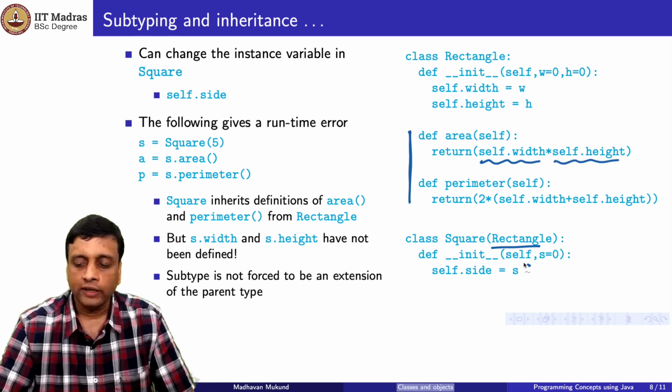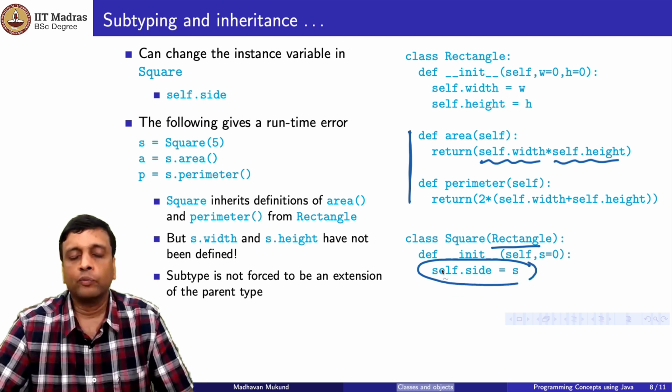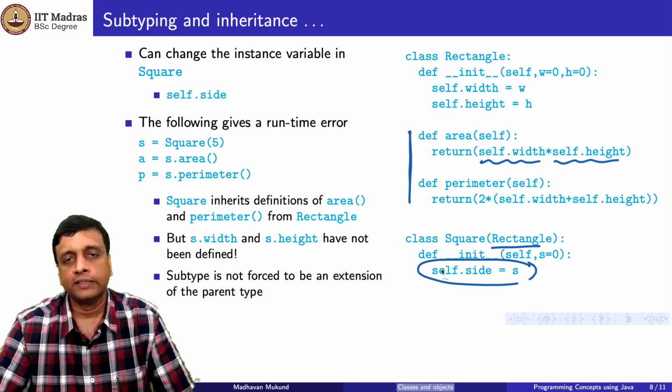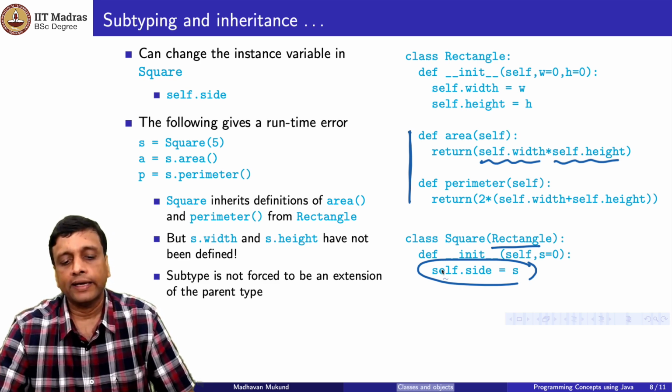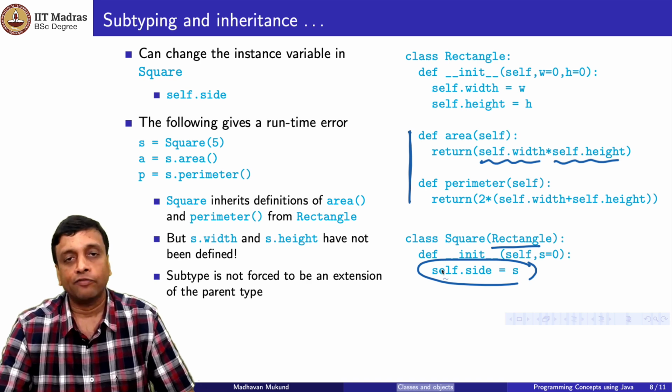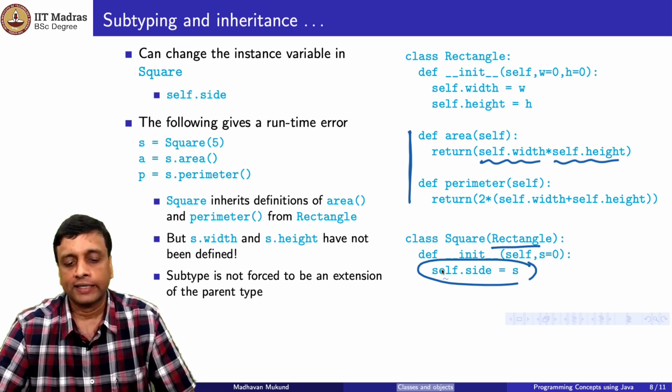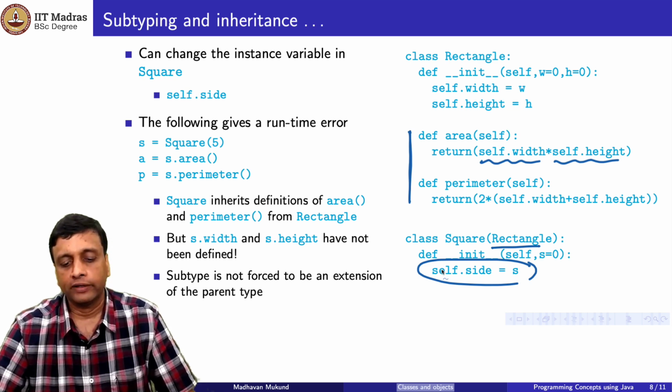And unfortunately, in our square code, we changed the instance variable to be just self.side, but we did not update self.width or self.height explicitly. And since we did not update them, they are as good as undefined variables. So what we will end up here with both area and perimeter is a name error, because s.width and s.height have not been defined.